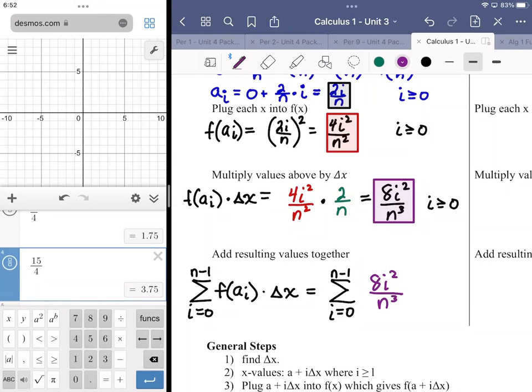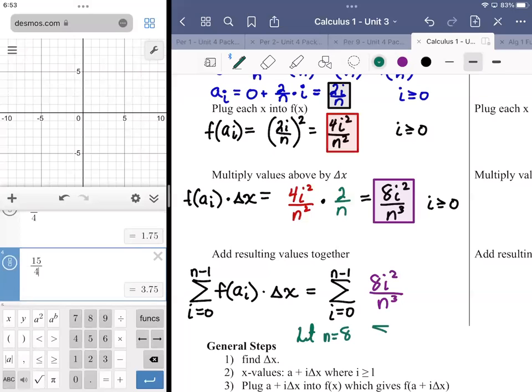So that expression would give me an area under the curve, depending on what the value of n is. If n is equal to, well, we had 8 in a previous problem, we could use 8. So let's say, for example, let n equal 8.